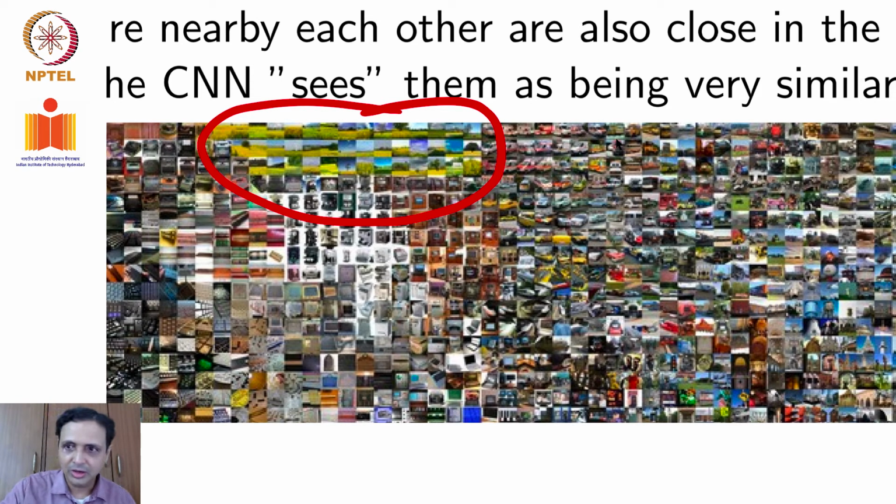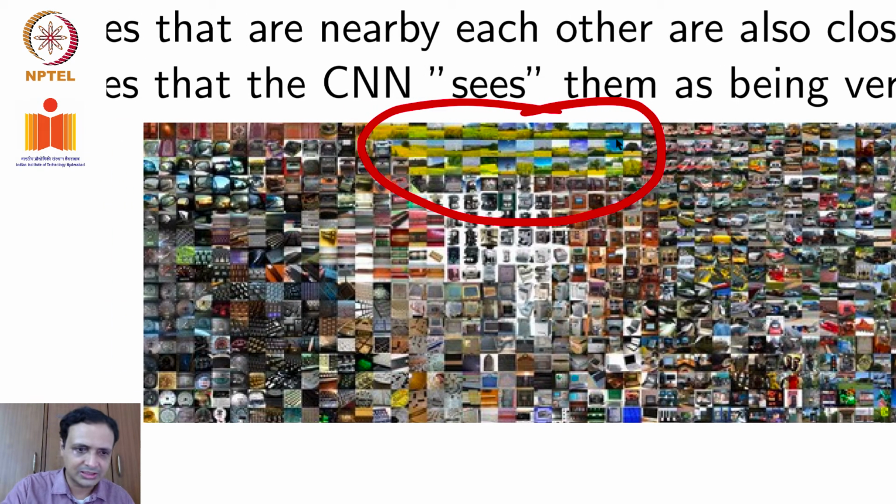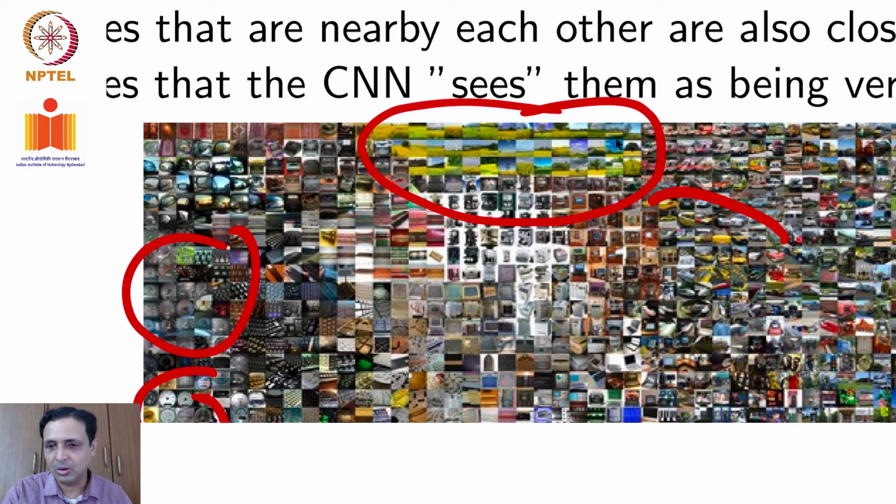For that matter, if you scroll around and see other parts of it, you will see at many points of these embeddings that very similar objects are being grouped together. You see all cars somewhere here, and so on and so forth.